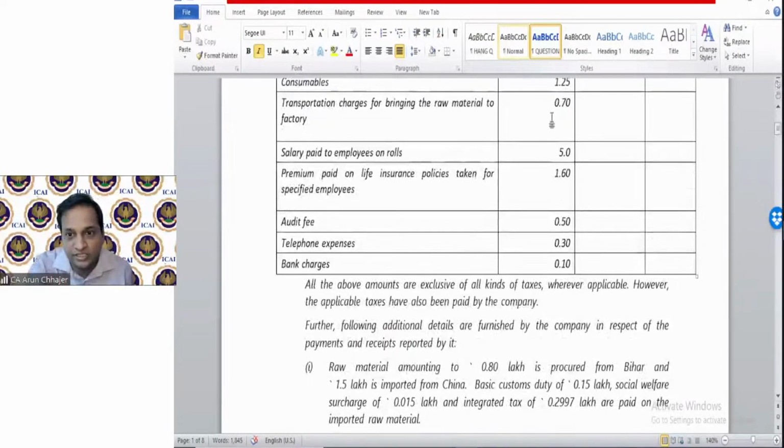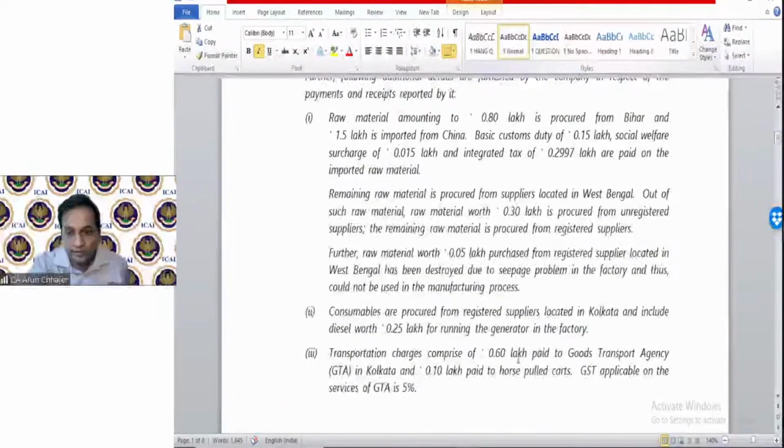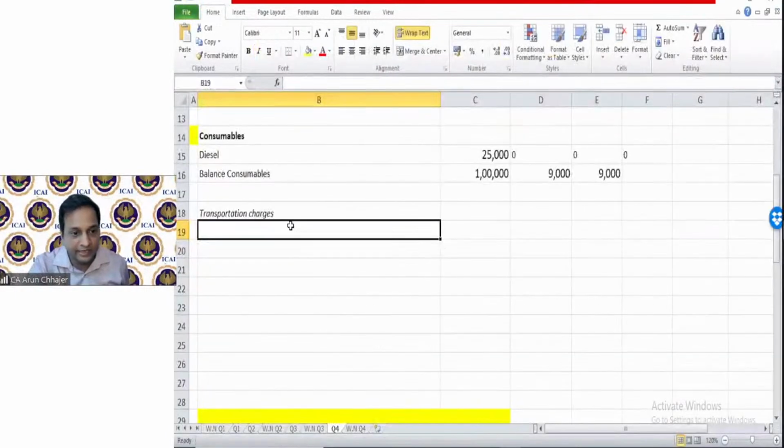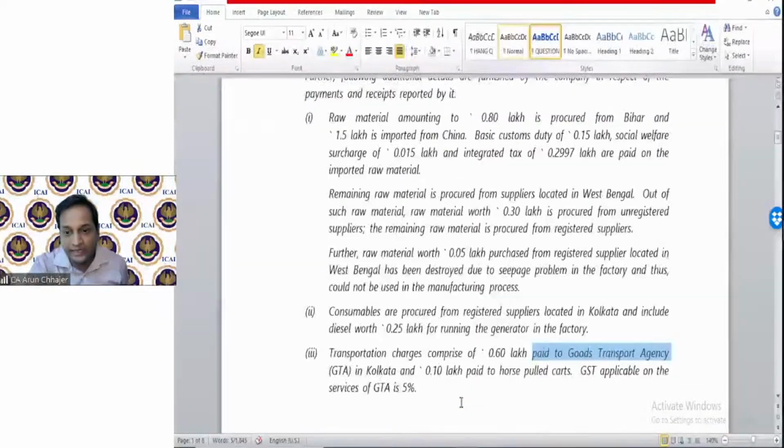How much is the transportation charges? Okay, 70,000. They've given the bifurcation. So I can say paid to GTA and paid to the bull cart.